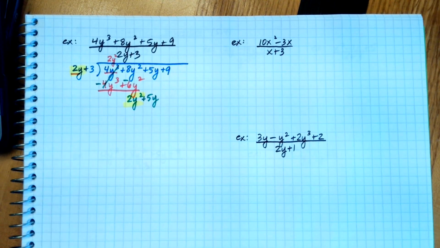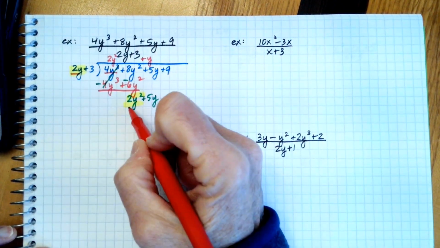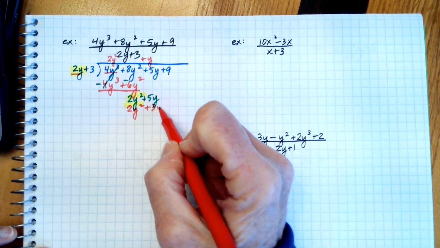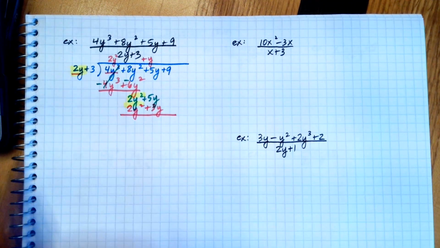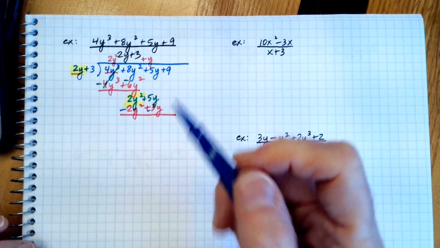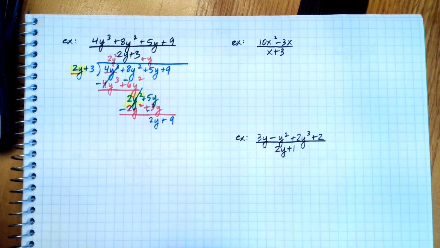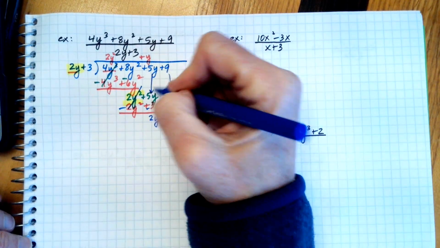So I'm going to say y times 2y gives me 2y squared, and y times 3 gives me plus 3y. I'm going to change the signs to their opposite and combine. These cancel. I'm left with 2y plus 9, bringing that 9 down.